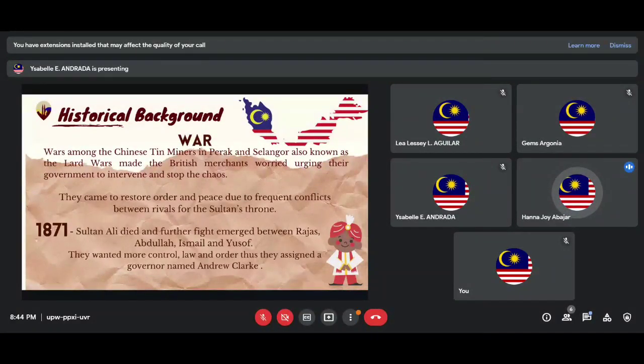There were also frequent conflicts between rivals for the Sultan's throne, among them Abdul, Abdullah, Ismail, and Yusuf. The British wanted more control of the law, and they assigned a governor named Andrew.